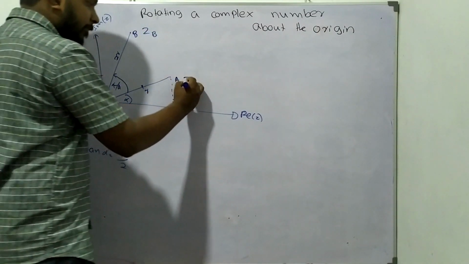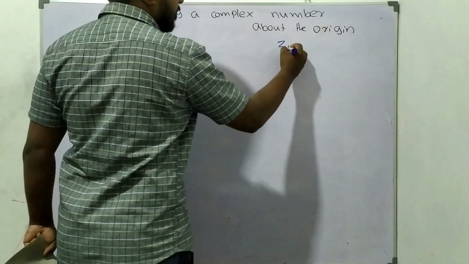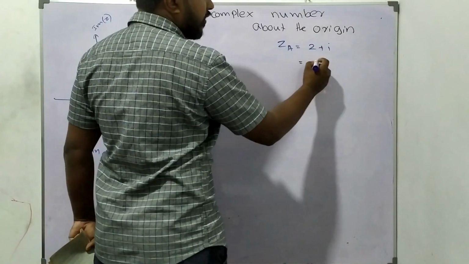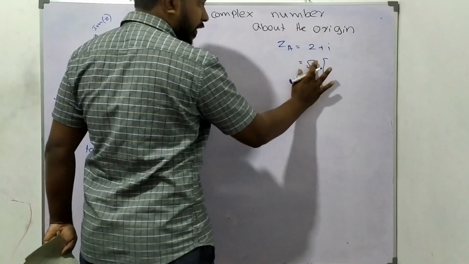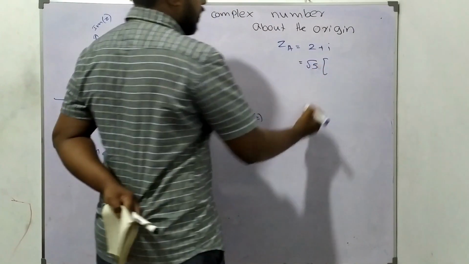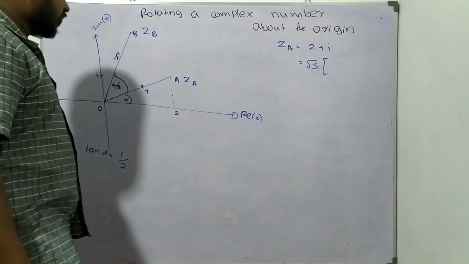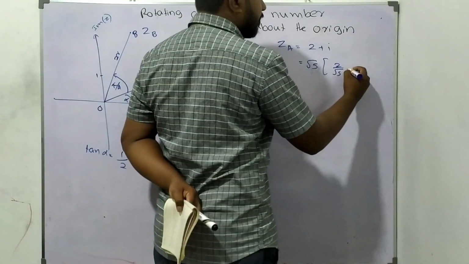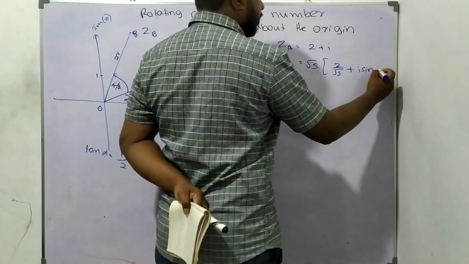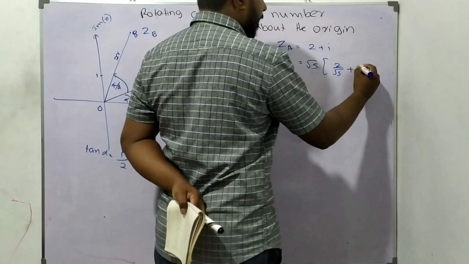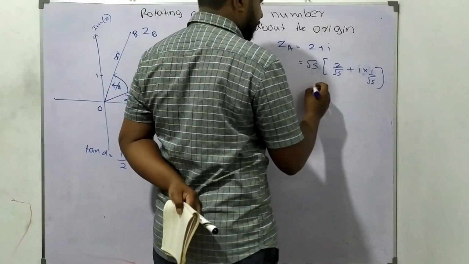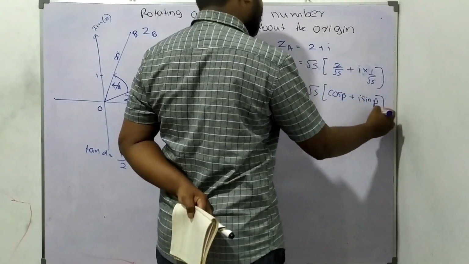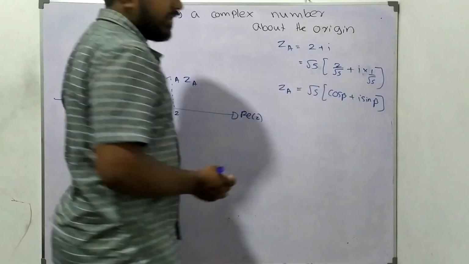So ZA is 2 plus I. You can pull root 5 out: 4 plus 1, root 5 out, with 2 over root 5 and I times 1 over root 5, which is cos beta plus I sin beta. That is ZA.